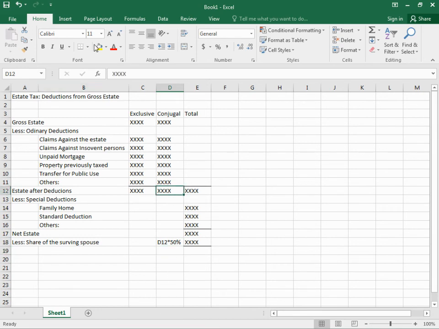So, yun yung D12 natin, ha? Okay? So, after that, makukuha na natin yung ating net taxable estate.